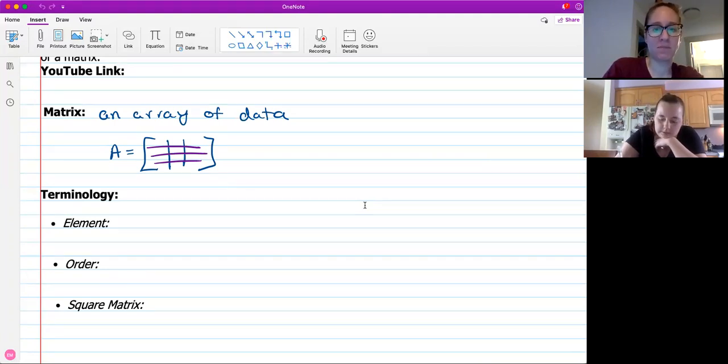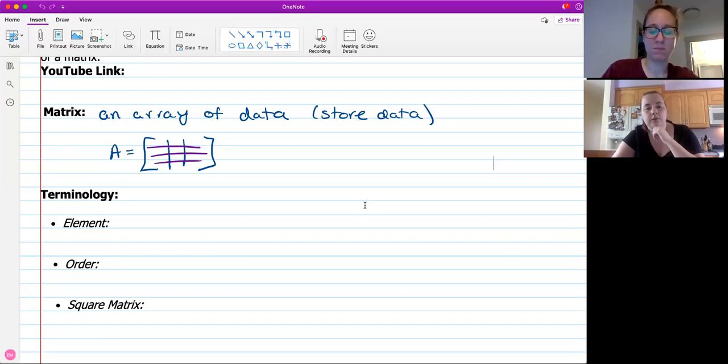A lot of people like to use matrices to store data. A lot of you guys who are in computer science and that field, you'll see matrices a lot. So if you are thinking that you're going to go into that field, or already in that field, this is the unit for you.